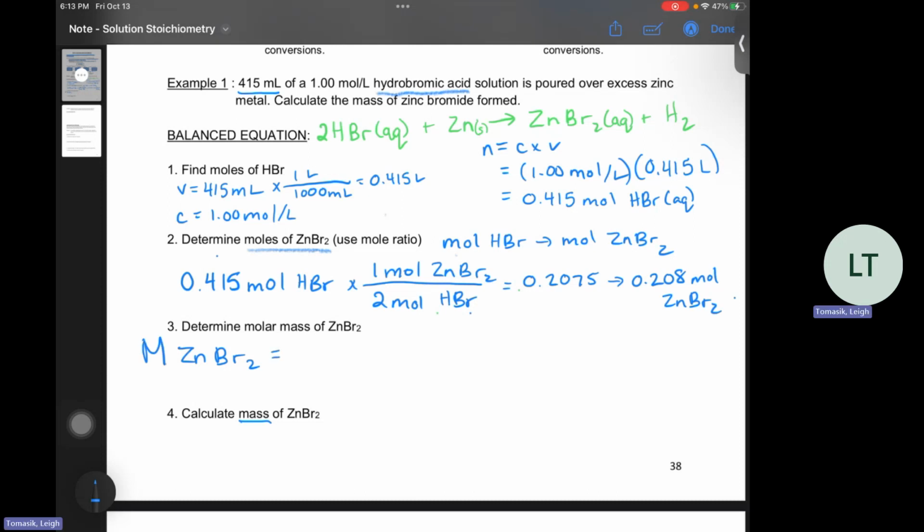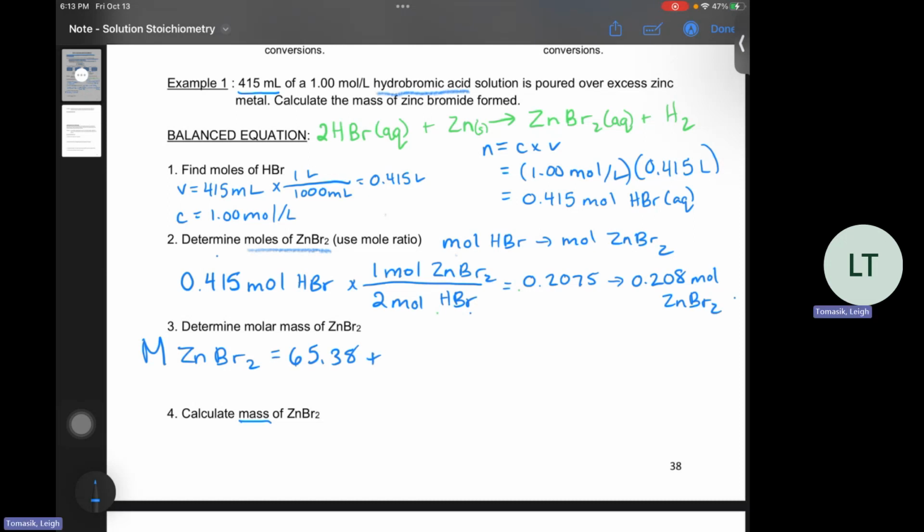We would need to know the molar mass of zinc, which, looking it up on my periodic table, is 65.38 grams per mole.